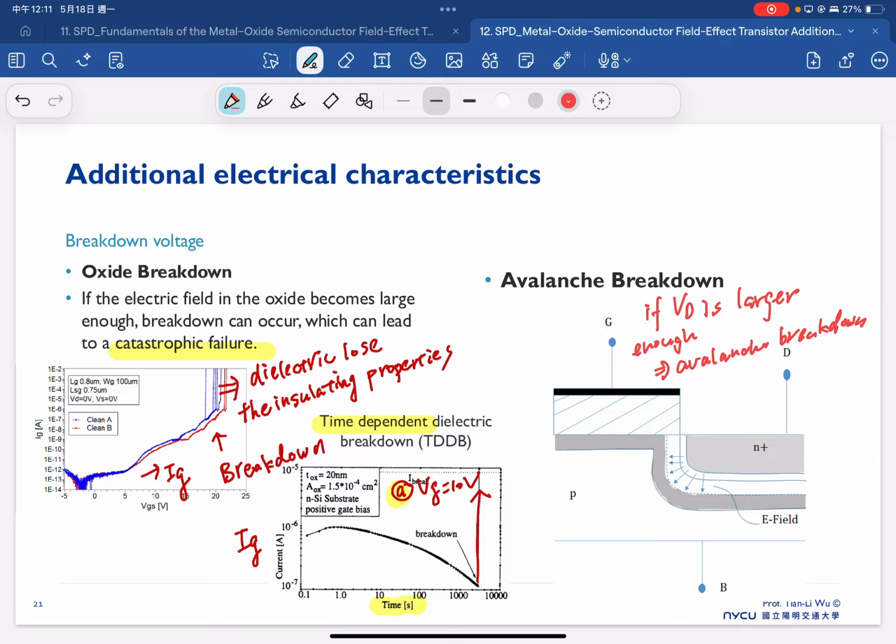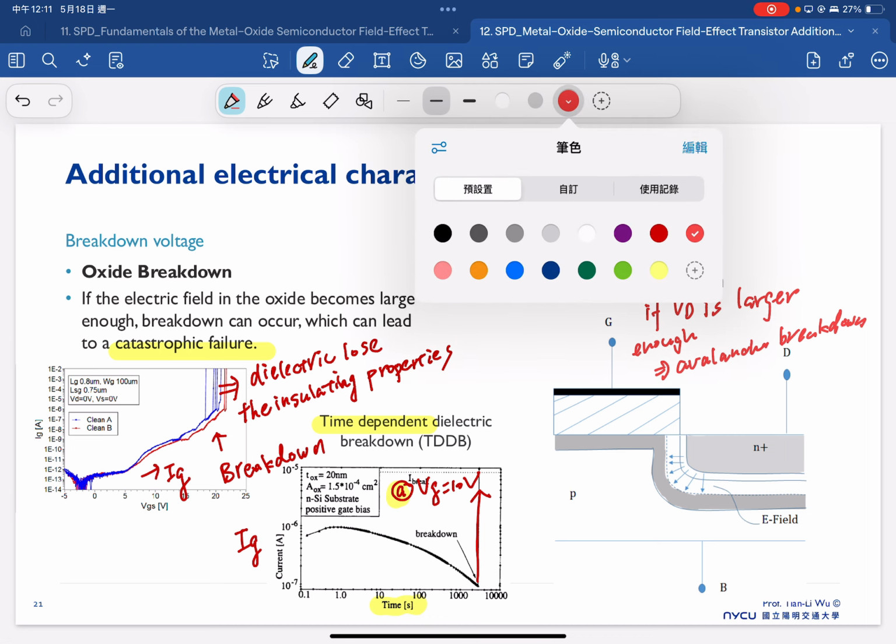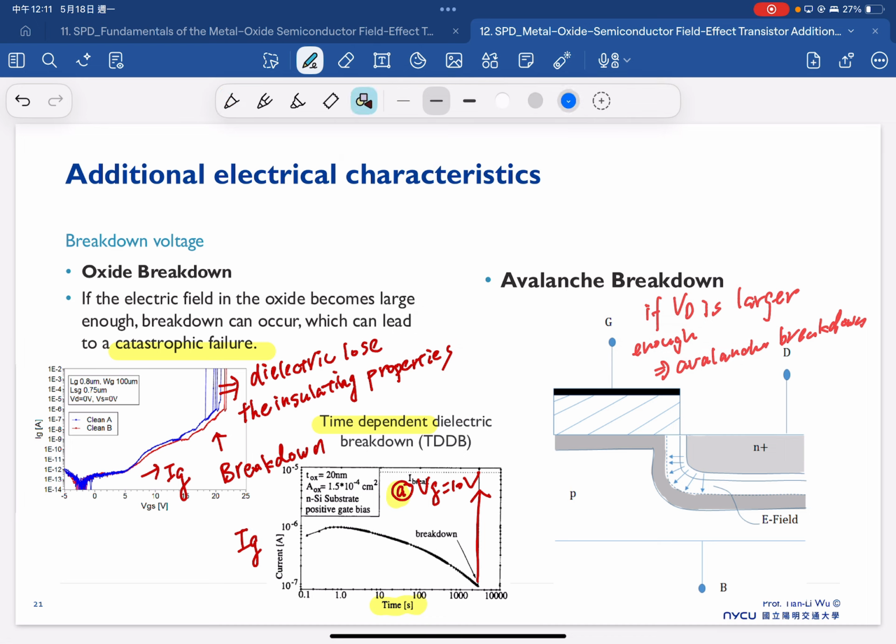In the previous lectures, when we talked about the diode, we already talked about avalanche breakdown. Similarly, in the PN junction, we have mentioned this IV, where we have a forward and a reverse, and as long as we apply enough reverse bias, we will see the breakdown, and the mechanism leading to the breakdown is what we call avalanche breakdown.